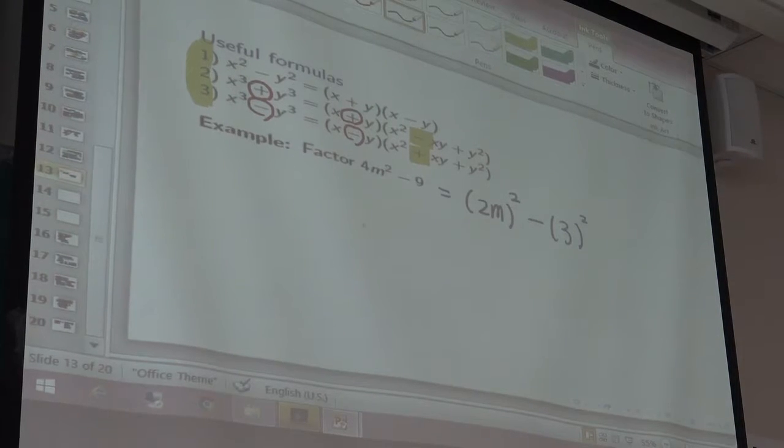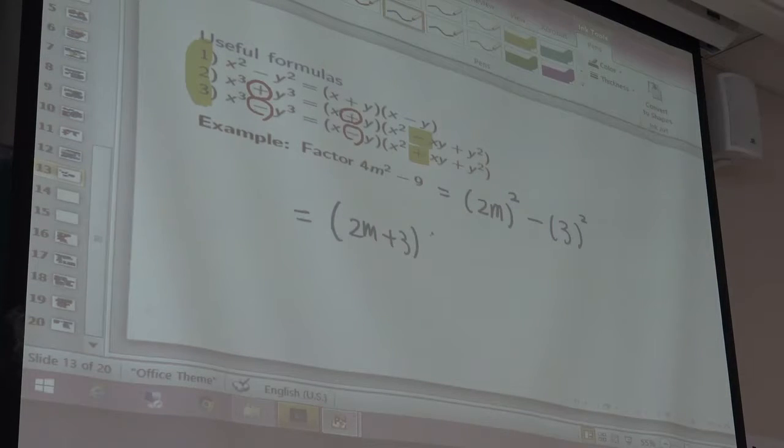So we can use the first formula, which gives 2m plus 3 and 2m minus 3. Any questions?